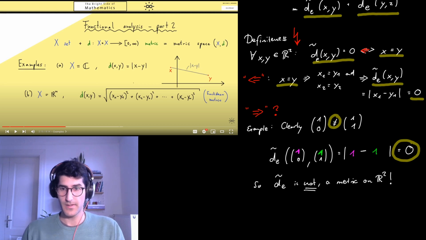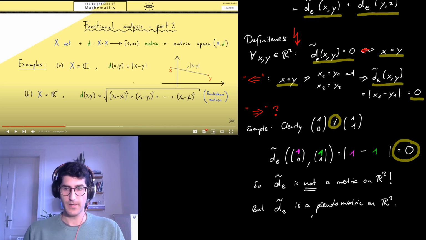So dE is not a metric, dE tilde is not a metric, but dE tilde is a pseudometric on R2. Yeah, pseudometric means it is not definite.